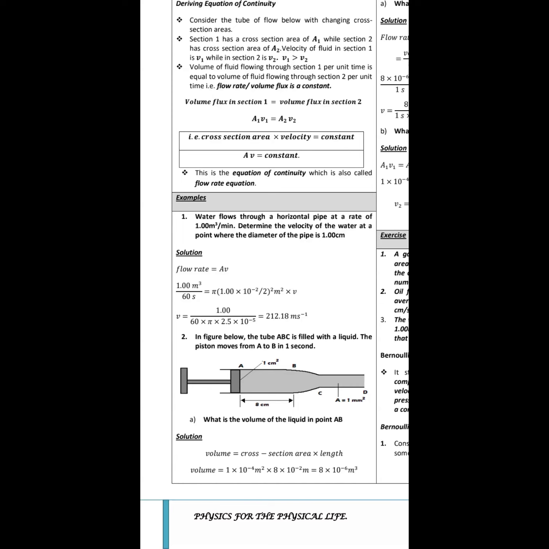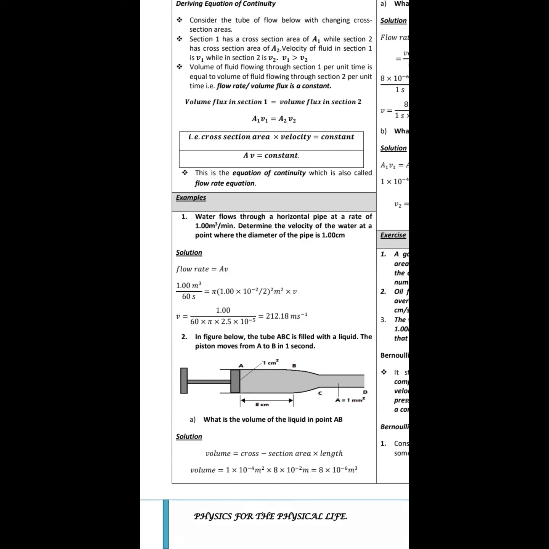So over 1 is equivalent to the cross-sectional area 1 centimeter square, which we can change to 1 multiplied by 10 raised to power negative 4 meters square, multiplied by v, which is the velocity. Then you make v the subject of the formula. What is the answer? The answer is 0.08 meters per second.